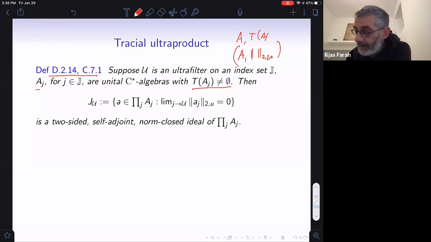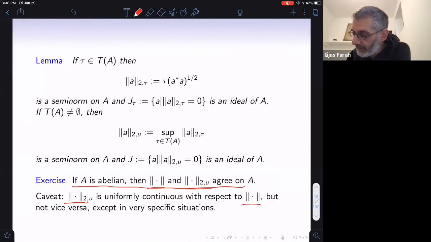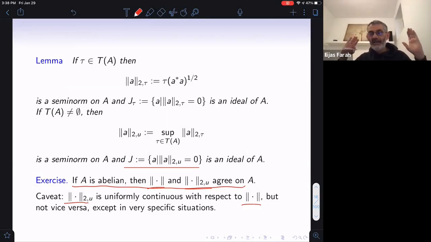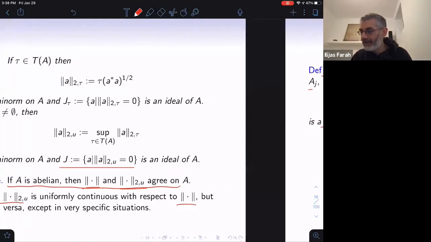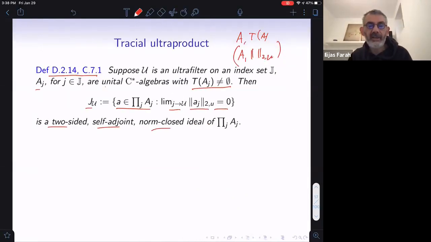Now look at this ideal, J_U, which is all a in the product such that along the ultrafilter, the uniform tracial norms converge to 0. This is again a two-sided self-adjoint norm-closed ideal. One way to see that is by going for a moment to the previous slide. This J is an ideal, and really you're taking the ultraproduct of the J ideals for different A_j's, and it is going to be a two-sided ideal.